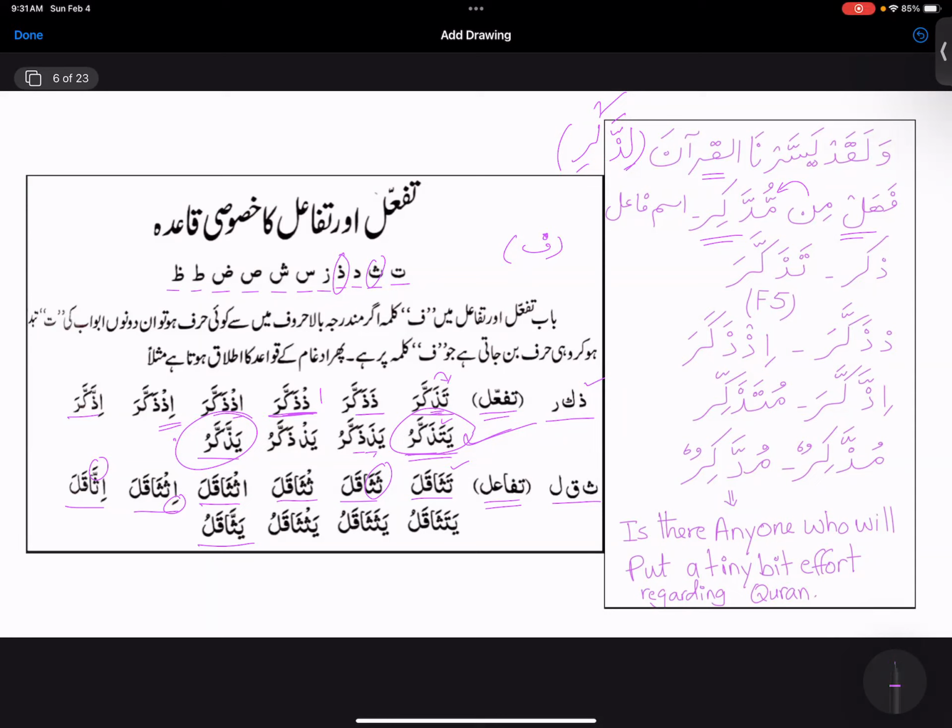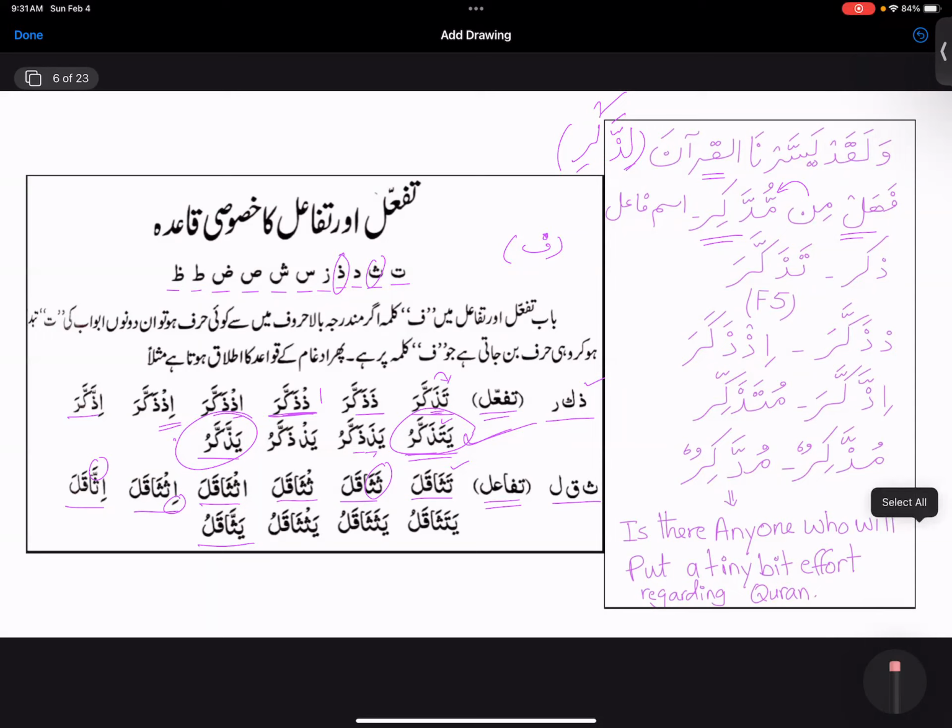Family iktaraba would be iddakara. Dhakara, iddakara. Yeah, that is family iktaraba. This is family 8. The same principle applies there. Yeah, the same principle is being applied over here. So this is zakara.